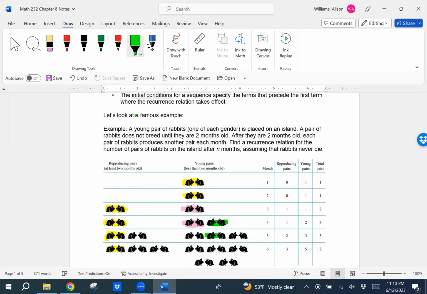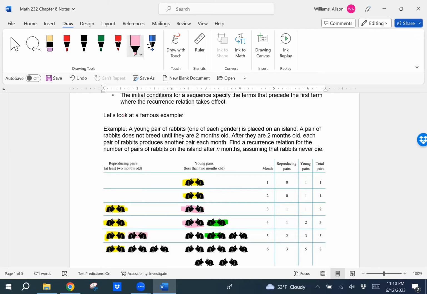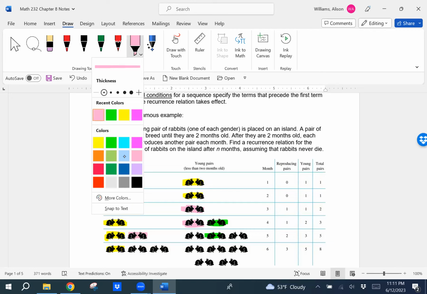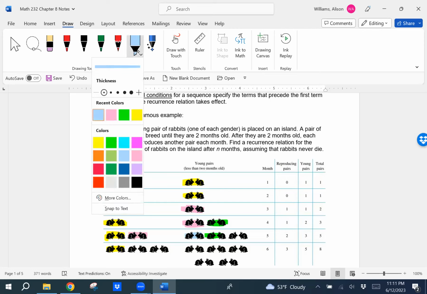Now in the 5th month, the first rabbits they gave birth to become reproducing pairs, and they reproduce and give birth. But the other one also gives birth to another pair.